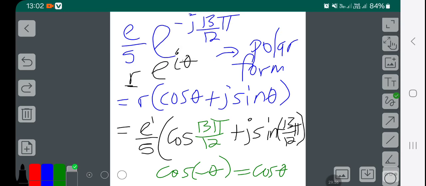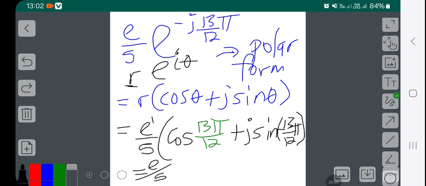So since there's a negative, our final answer here is going to be like this now. It's e over 5. You can simplify it using a calculator. Let me use a different color here. Okay, it's e over 5, then open bracket.